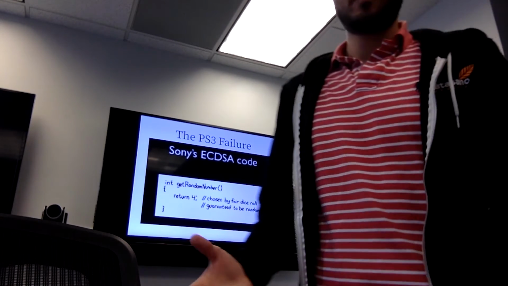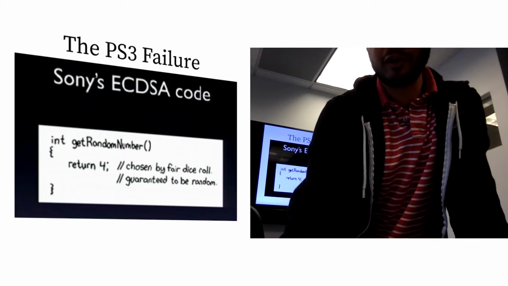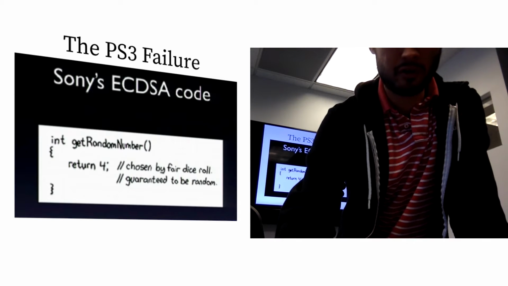That's bad, because if you look at the equation, you can take a piece of paper and a pen and see pretty easily that knowing just two signatures with the same nonce allows you to find the private key. So you have to be careful with those private parts of your signature.